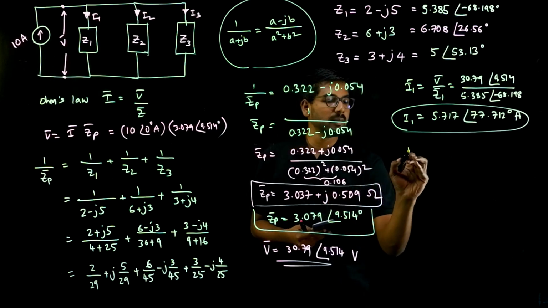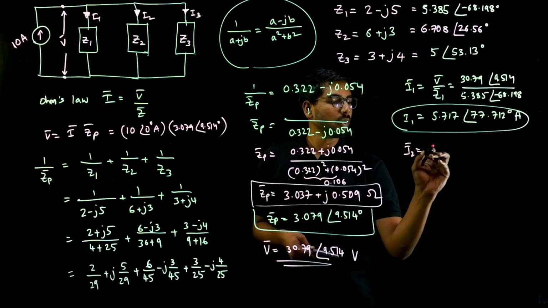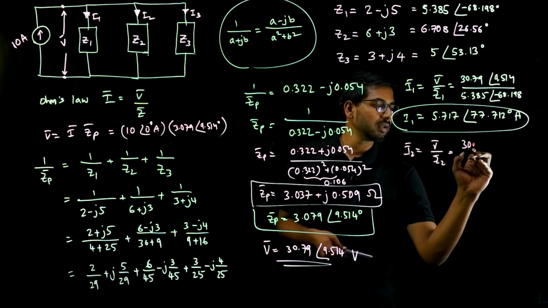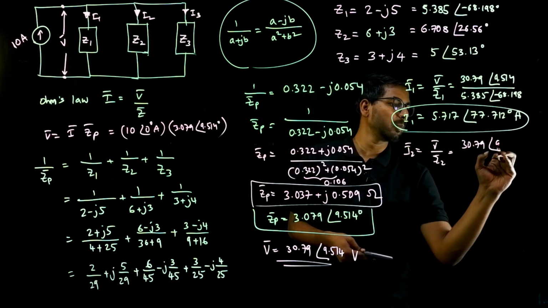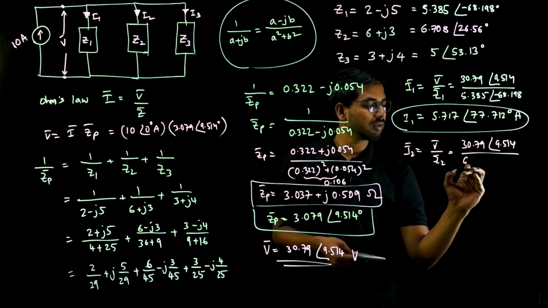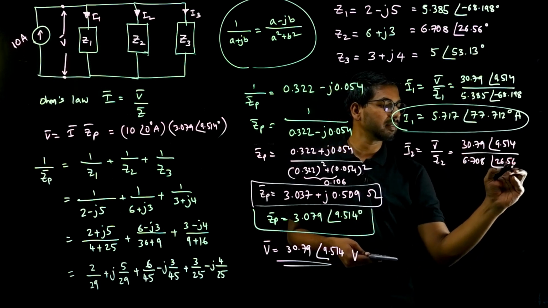Okay. Similarly, I2. So I2 will be V bar by Z2 bar. V bar is again 30.79 at an angle 9.514 divided by Z2 bar, which is 6.708 at an angle of 26.56.